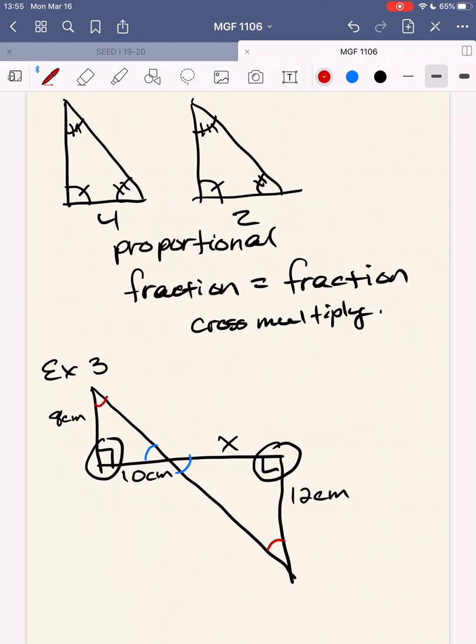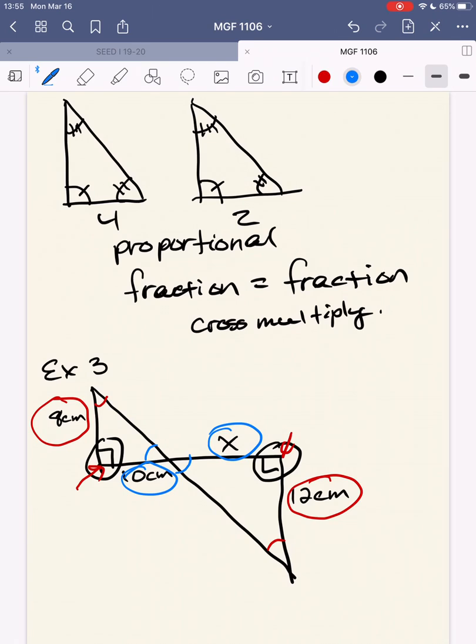So for our matching sides, remember we have to go off what we were given. Our matching sides are this and this one, because this triangle can be flipped and turned. This and this one are the similar sides.